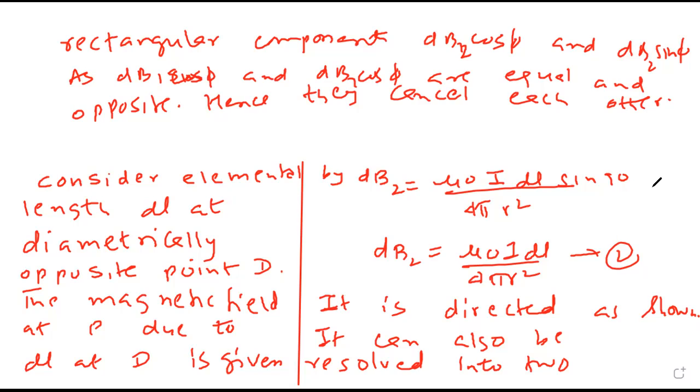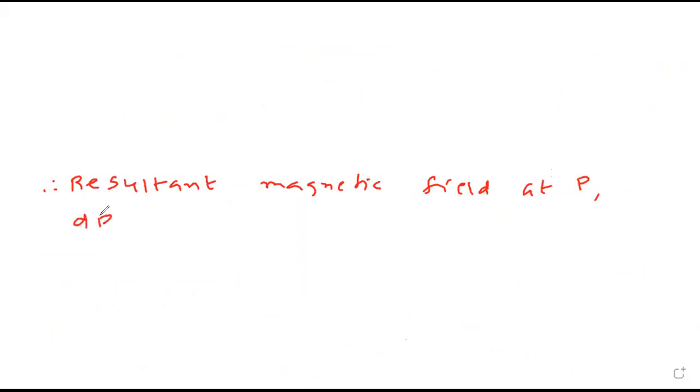Can you clear this out? Yes. Therefore, the resultant magnetic field at P, dB. dB means the small piece we took, so dB equals dB1 sin phi plus dB2 sin phi.